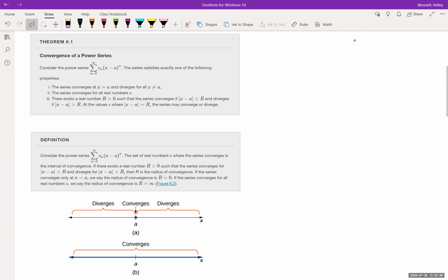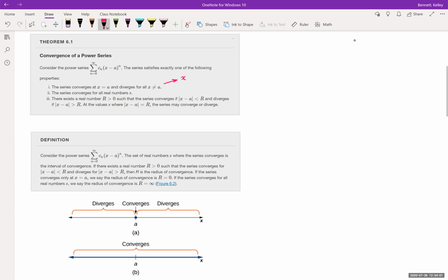So if we want to talk about the convergence of the power series, then the most obvious thing would be that if I plug in a for x, then x minus a becomes 0. And so this would make sense that it always converges at its center. So a is called the center.